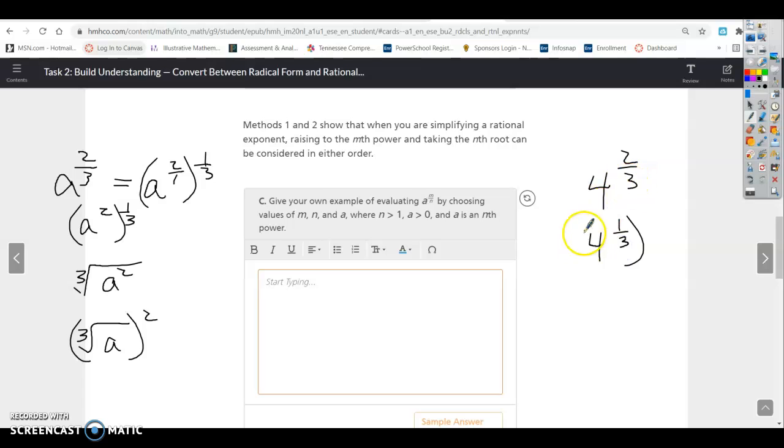So we're just doing the denominator first and then squared outside of that. So this would be cube root of 4 squared, or cube root of 4 squared. All right, if you have any questions on task 2, please let me know.